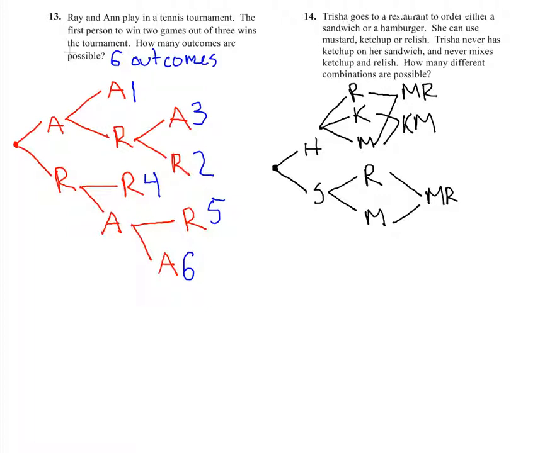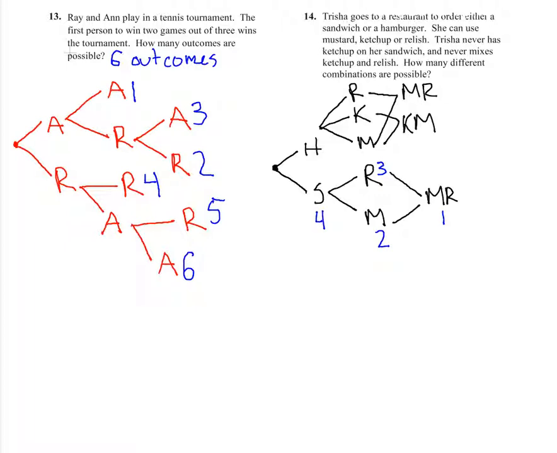Now I'm going to switch colors and count up all the different possible combinations. She could get mustard and relish on her sandwich. There's 1. She can get mustard on her sandwich. There's 2. She can get relish on her sandwich. There's 3. And then here's one that sort of tricked me the first time around: she gets just a plain sandwich. So that's 4.